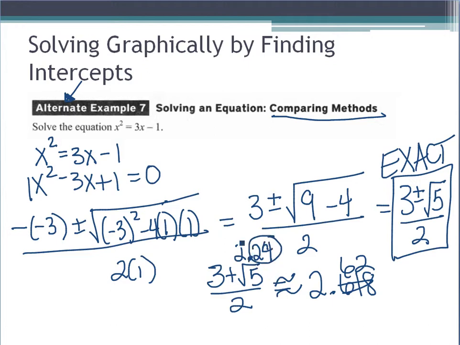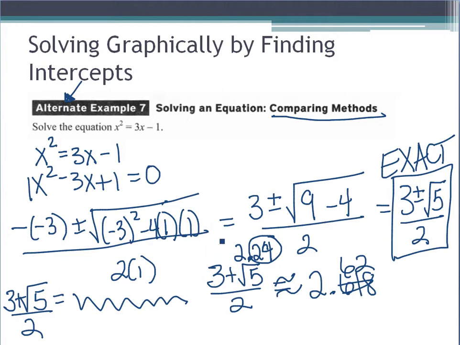I wrote it down, but in a calculator, I figured out what the square root of 5 is. It gave me a long decimal. I didn't delete that and then start over with 2.24. I always use the exact number if possible. And then I added 3 to that, and then I divided by 2, and at no point did I ever round. I just let the calculator do the next step.